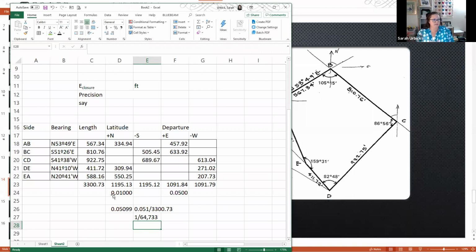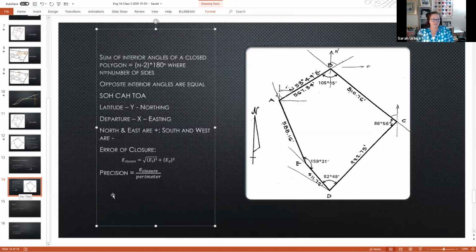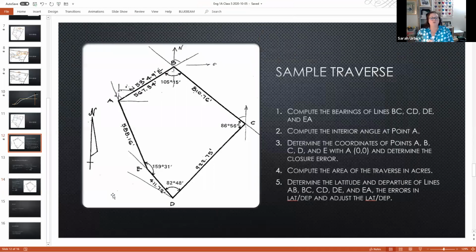All right. We figured the bearings. We got the interior angle at A. Coordinates, not so much. I'll go through and I'll fix those so that you guys have an example, okay? The math will be correct. I'll post that whiteboard screenshot into Canvas.